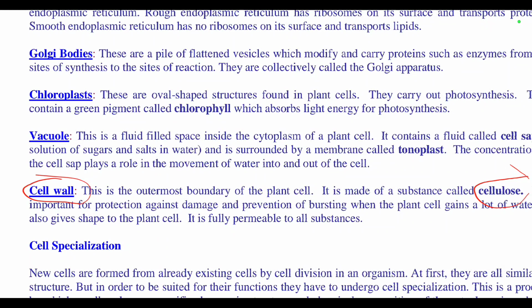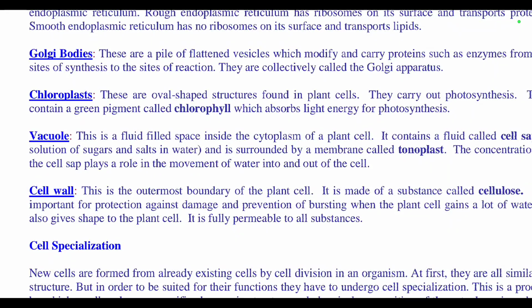It is important for protection against damage and prevention of bursting when the plant cell gains a lot of water. It also gives shape to the plant cell. Okay? Now, this cell wall is fully permeable to all substances. It is not partially permeable like the cell membrane. This one is fully permeable. Are we together?